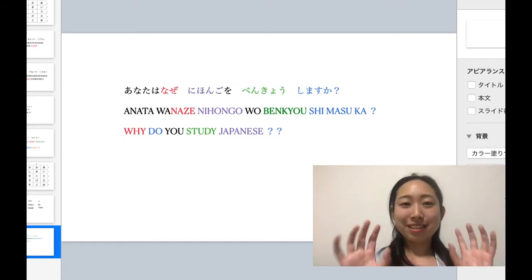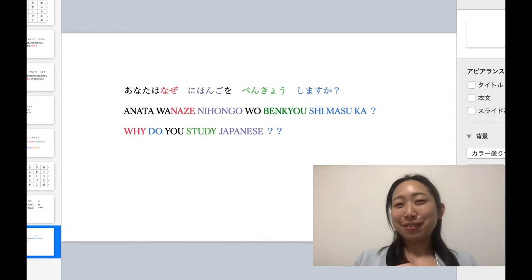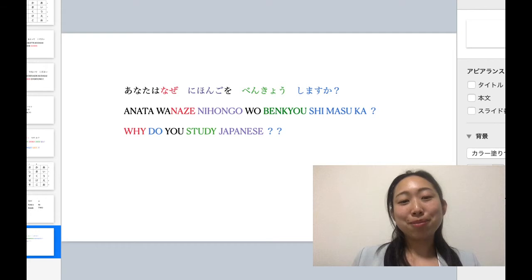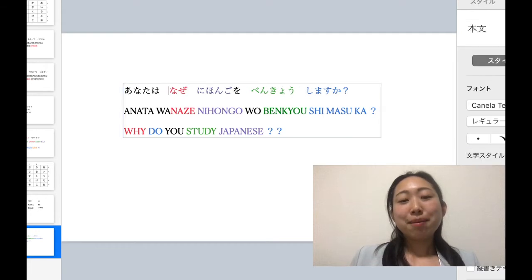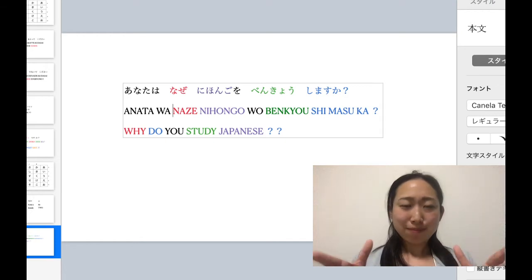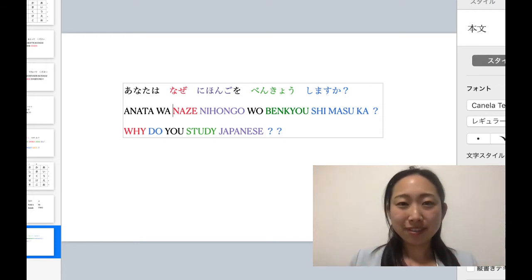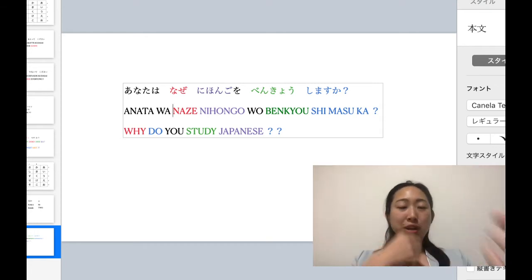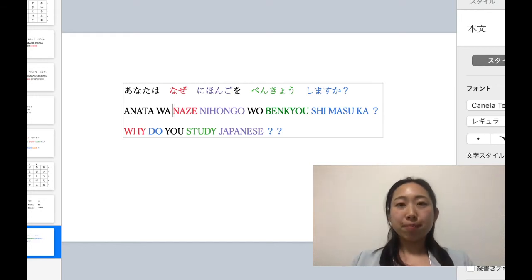And then this is the sentence maybe you are familiar with. あなたはなぜ日本語を勉強しますか? But actually, in your daily life, most likely the person who wants to ask some questions will be in front of you. So you are just face to face, one to one. You can just ask, なぜ日本語を勉強しますか? Without telling you.